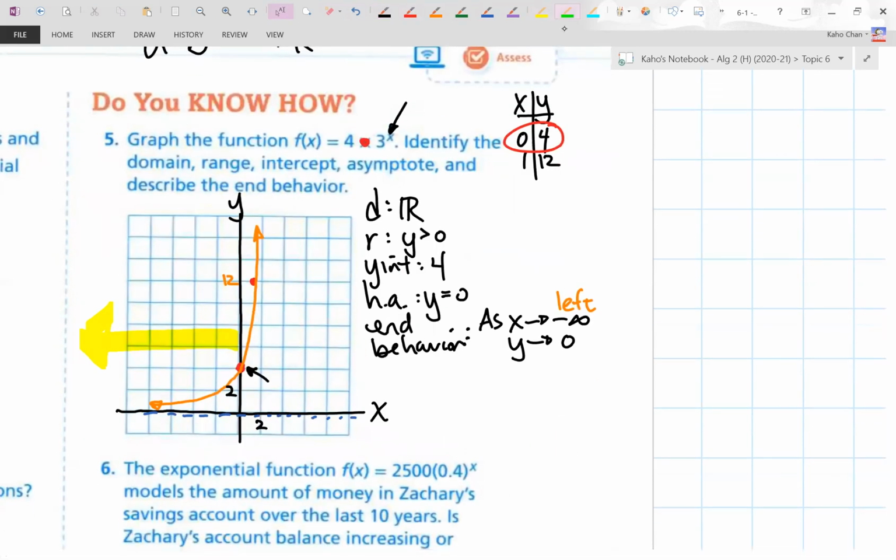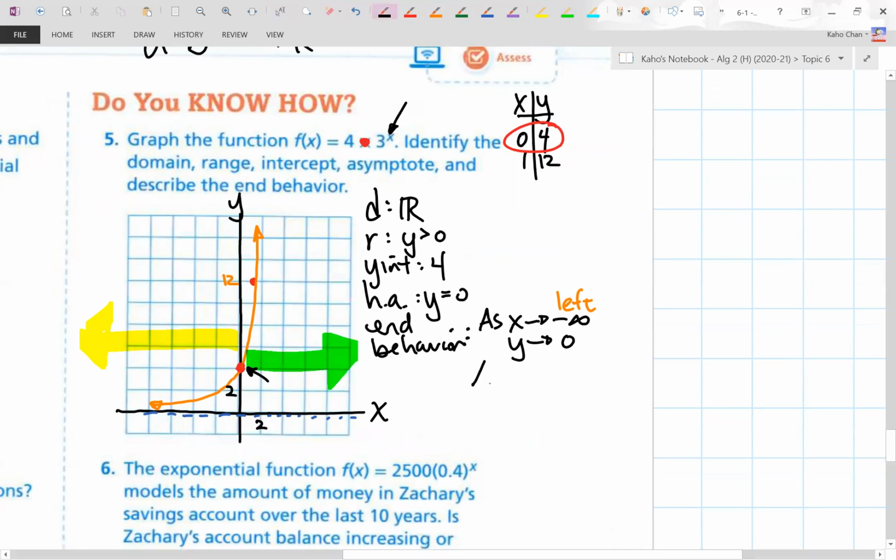As we're going to the right, positive infinity is right, remember that. My y value goes forever up, which means positive infinity. Yay! Very good. Not too bad.